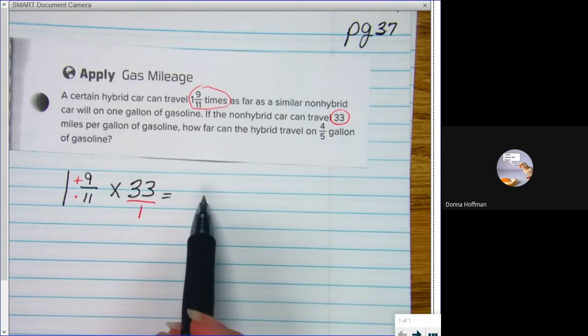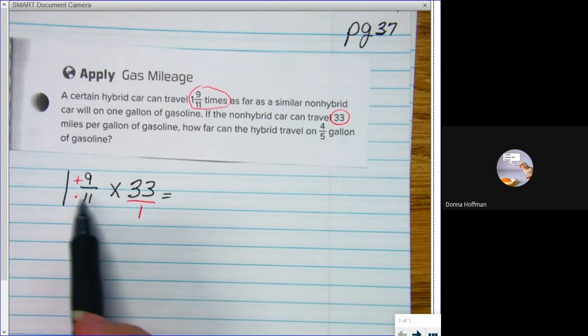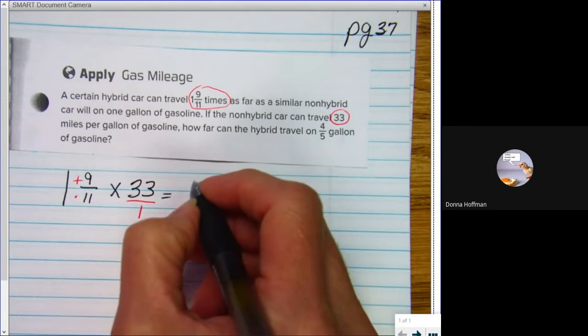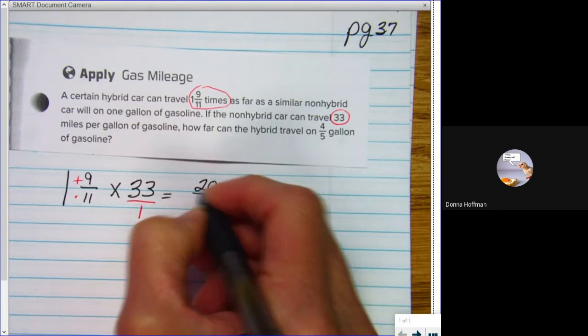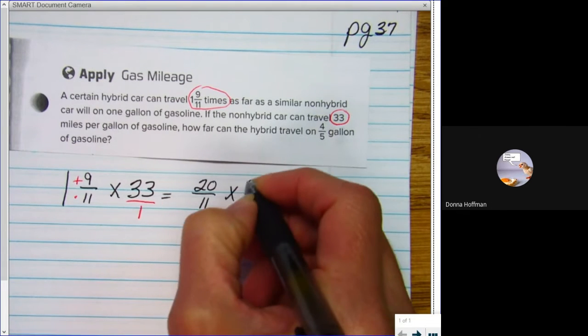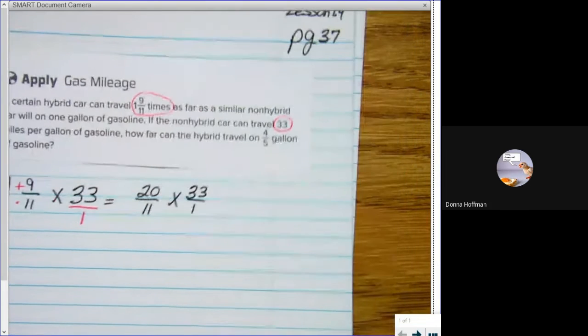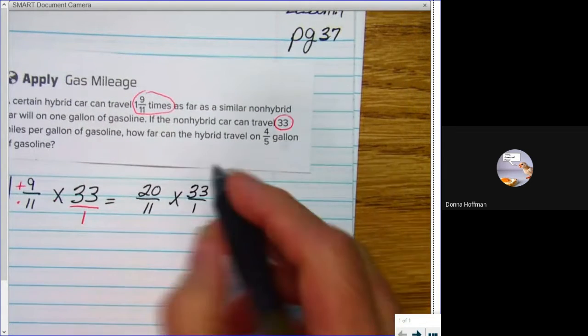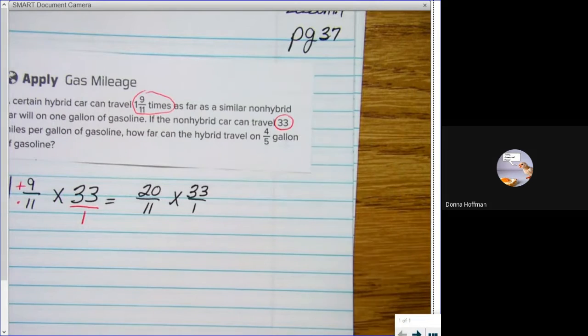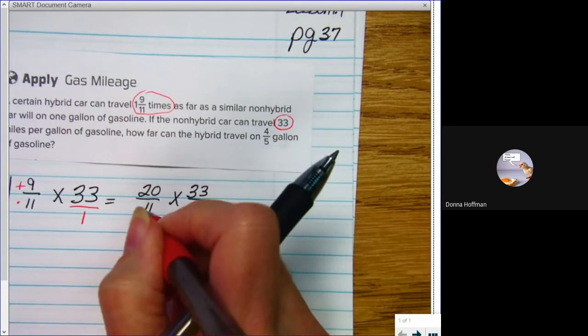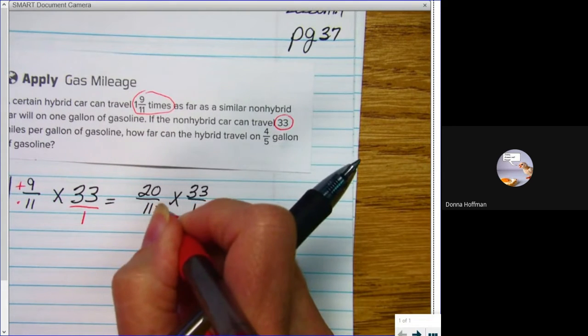So I want to get my new problem here. 11 times 1 plus 9 would be 20 over 11. And then just simply place the 33 over 1. Now, I'm looking for cross reduction, and I can do some of this. My greatest common factor here would be 11.